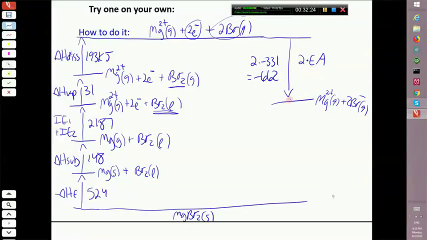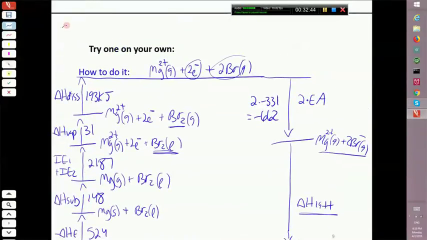And then finally, the last step, now that we have the gas phase ions, is to recombine them into the solid. That's, again, the lattice enthalpy. All right, so once again, the sum of all of these steps as we go around the cycle has to equal 0, and the only unknown is our lattice enthalpy once again. So this whole thing set equal to 0.